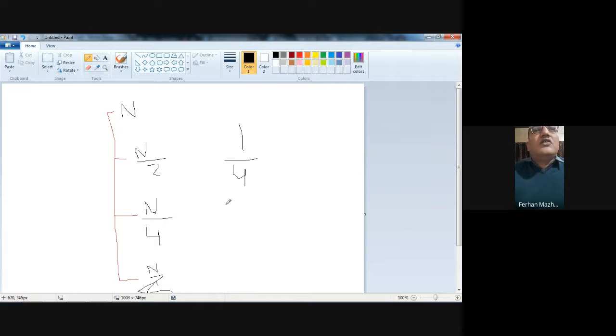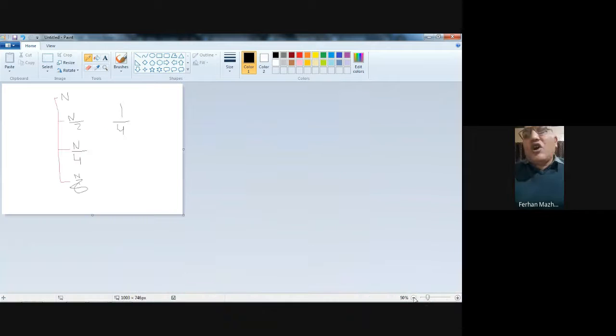So after 3 half-lives, the thing will become 1/8. So how much time has passed? 3 half-lives. So the time will be equal to 3 multiplied by 5,730.